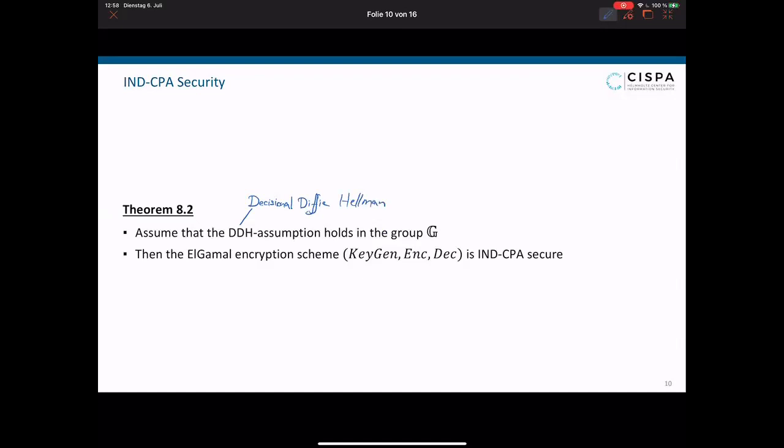This is the decisional Diffie-Hellman assumption. This is really just the assumption that the Diffie-Hellman key exchange protocol is a secure key exchange protocol.